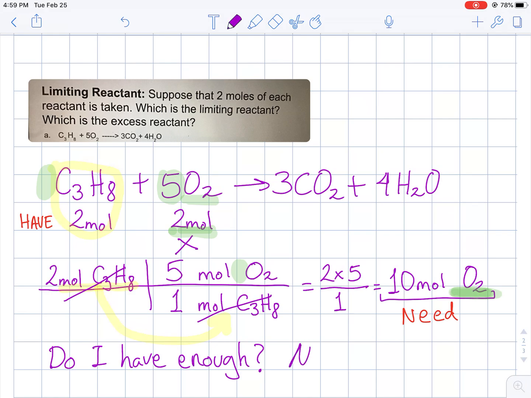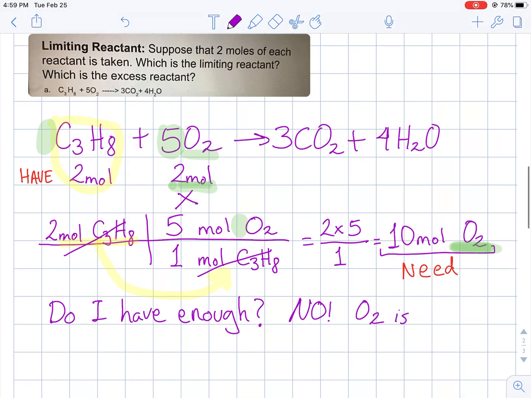So since the answer to this question is no, that means that oxygen is going to be our limiting reactant. And every time that we're doing these problems, the other one is going to be the excess reactant.